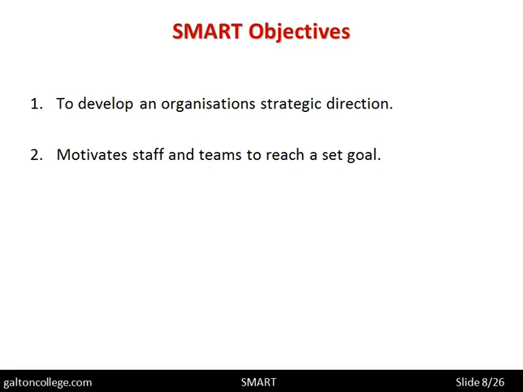It should also motivate staff and teams to reach a set goal, because once contributors towards an objective understand what is required and how it will be measured, assessed and monitored, then they know how to go about the goal more precisely. They know what's expected at the end. So that should drive the way in which they go about the objectives from the start, how they set it up from the start.